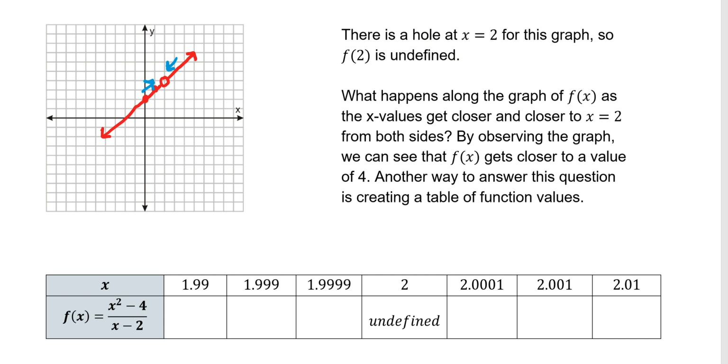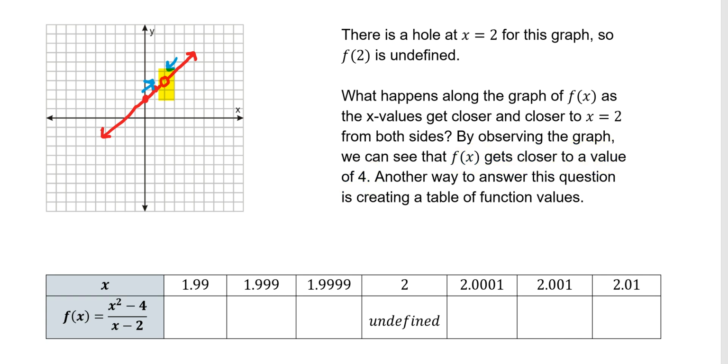So you can see how there's this motion involved where we're getting closer and closer to a certain value from both sides. So when you're given a graph, it might be a little bit more obvious. You can see that the y values are getting closer to the hole, which is a y value of 4. So we would say that as x gets closer to 2, the y values are getting closer to 4. That doesn't mean that f of 2 equals 4. That just means that the y values are getting closer and closer to 4.